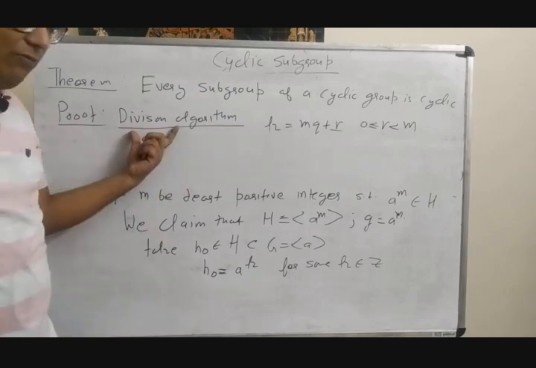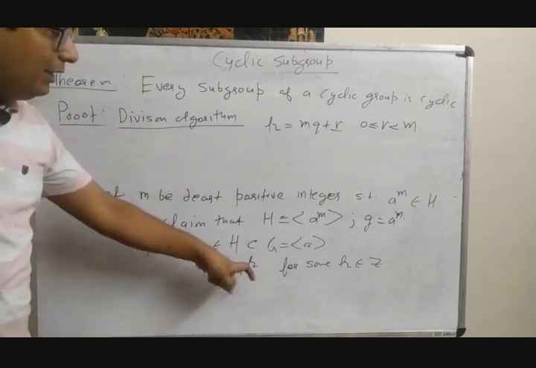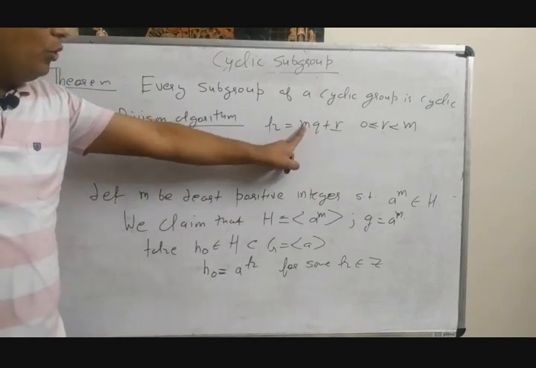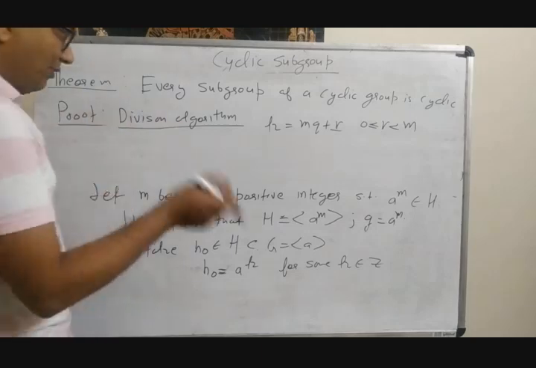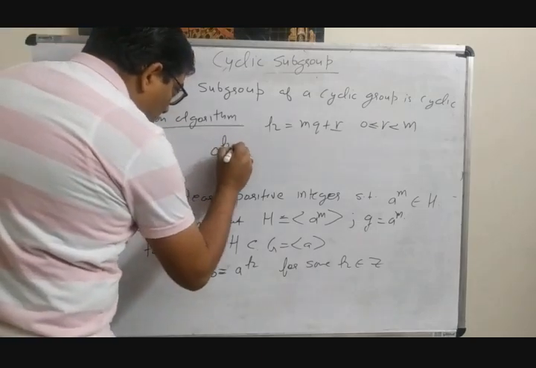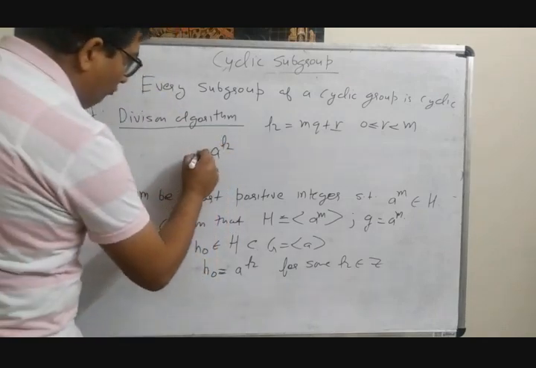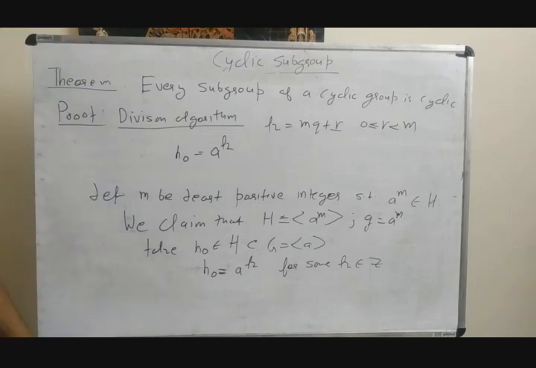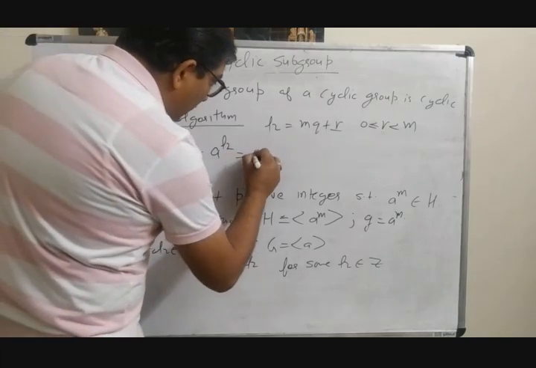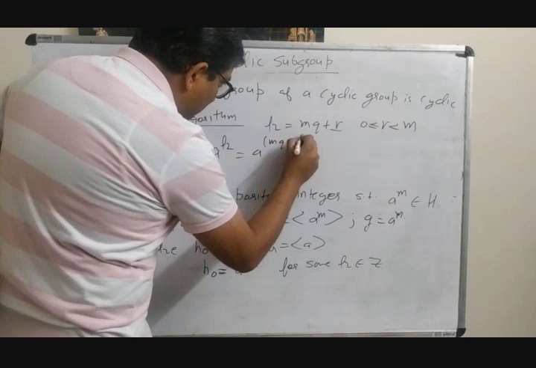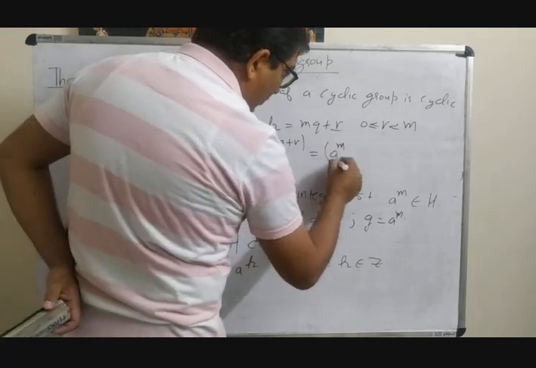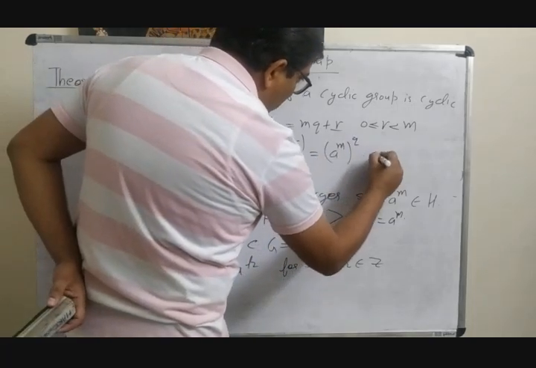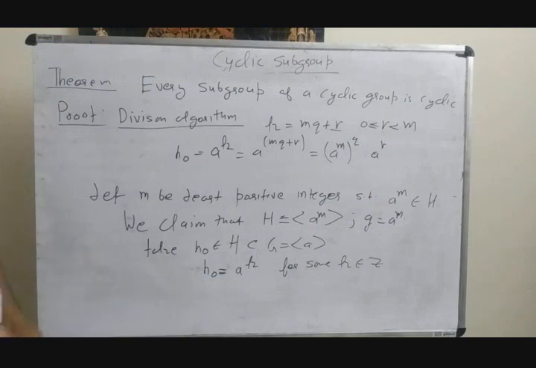This is the division algorithm. We are dividing k by m, so q will be the quotient and r will be the remainder. So now what is the value of a raised to power k, which is basically h naught? This will be a raised to power mq plus r, which will be a raised to power m q times a raised to power r.